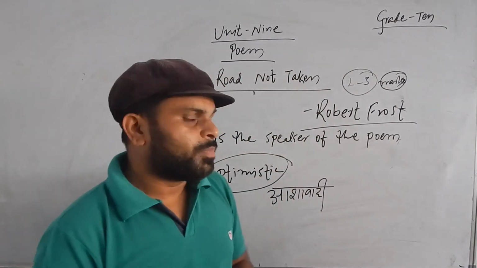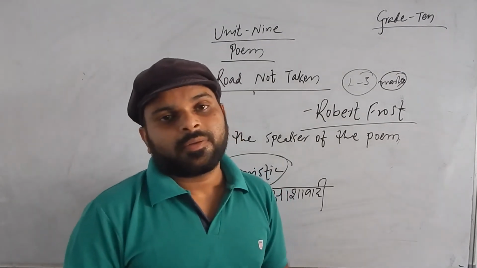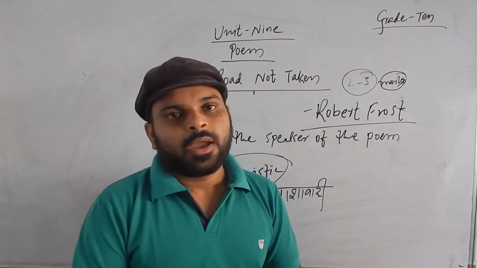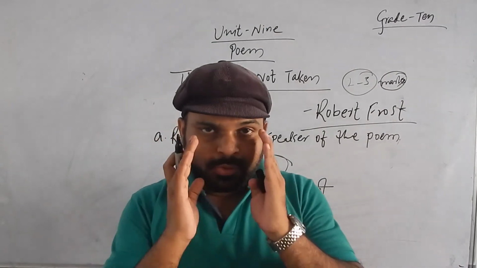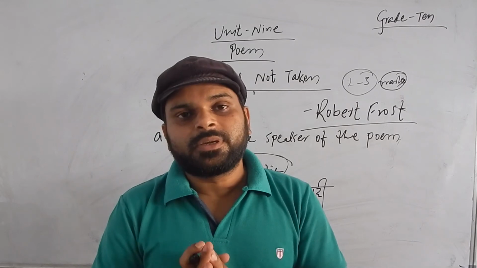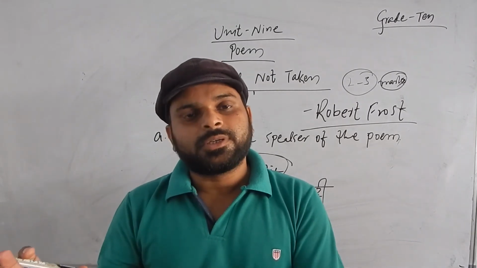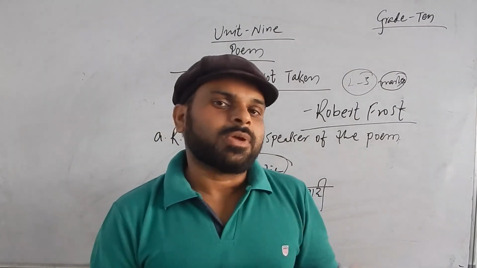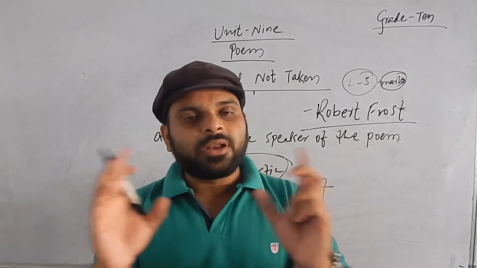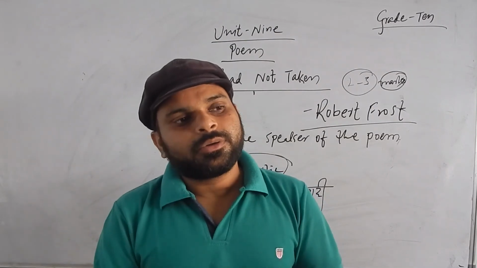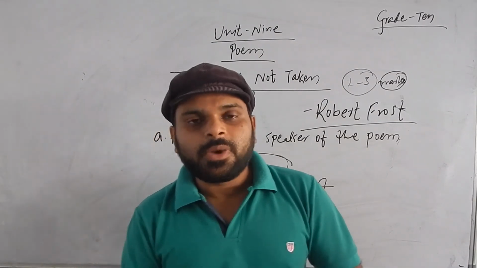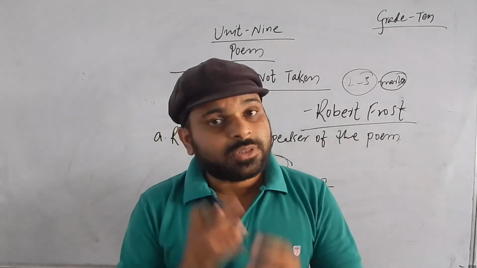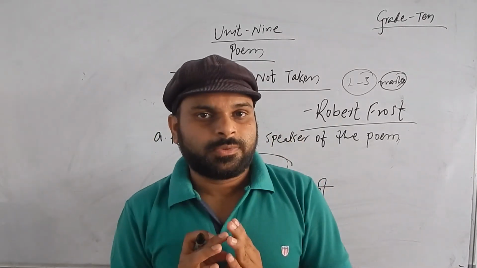The optimistic people want really good things to happen. You do a work and you become optimistic that it is going to be better for you. You attempt an exam and you really feel that I'm going to get very good marks. I'll pass with flying colors. So this is your optimistic thought.